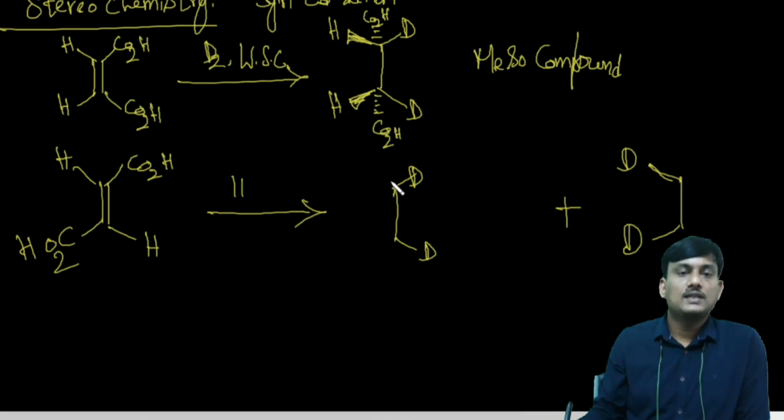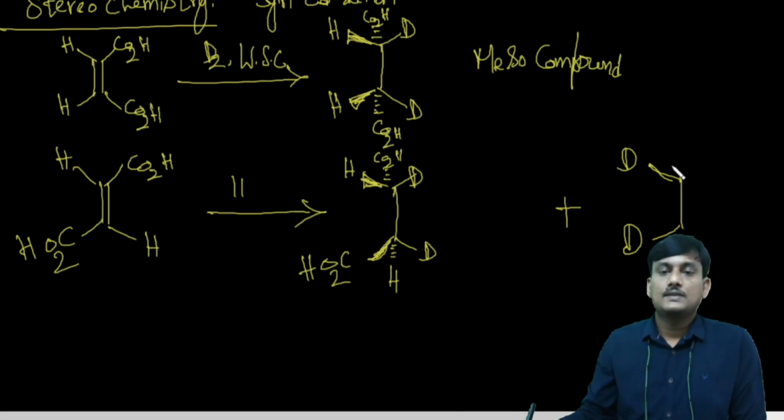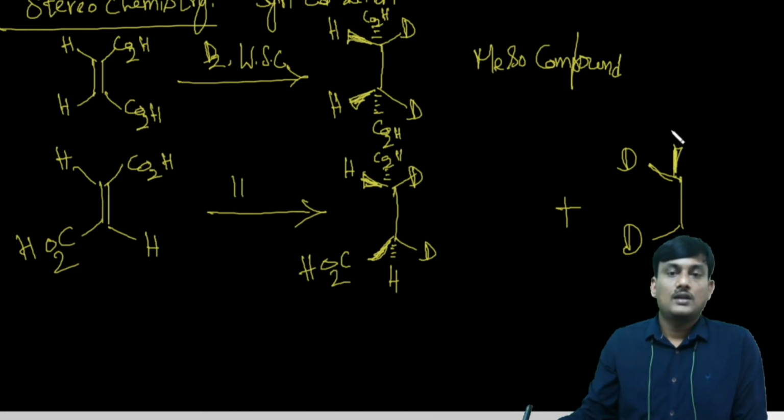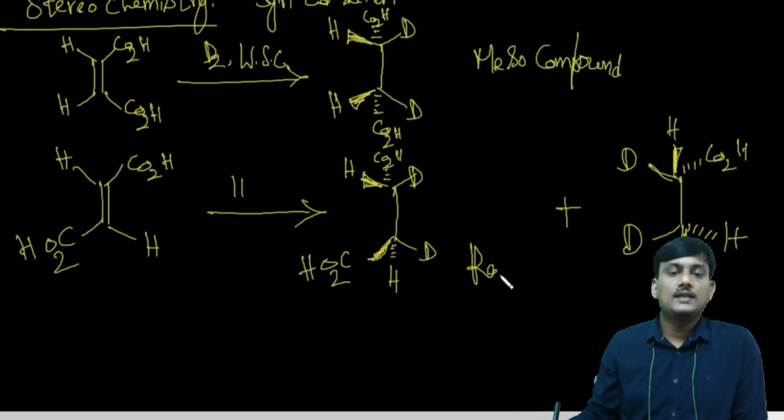So in this case you will get both enantiomers, a racemic mixture.